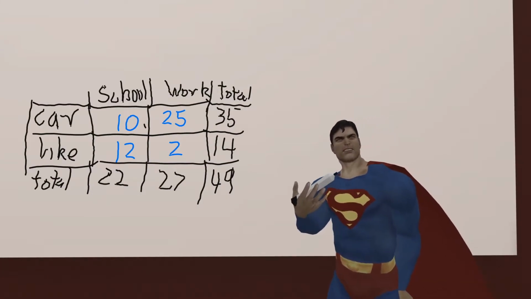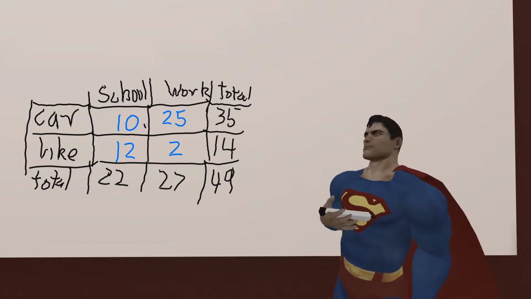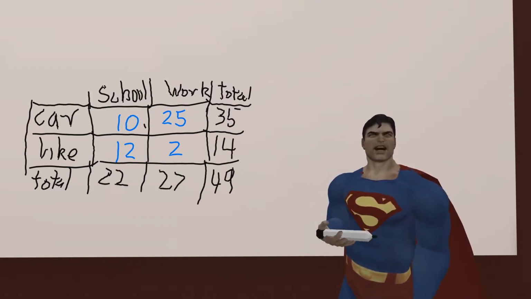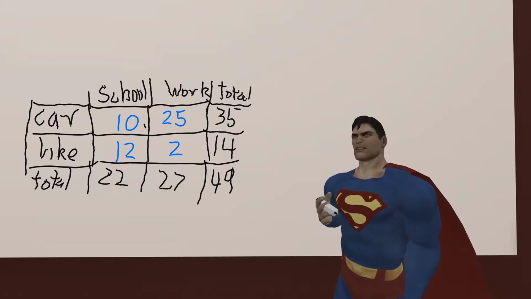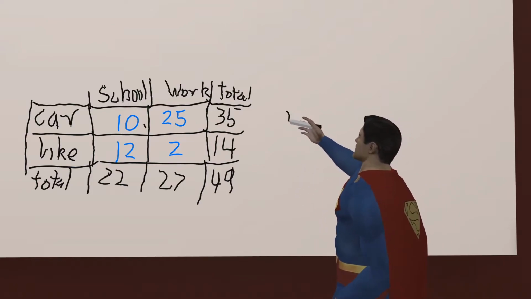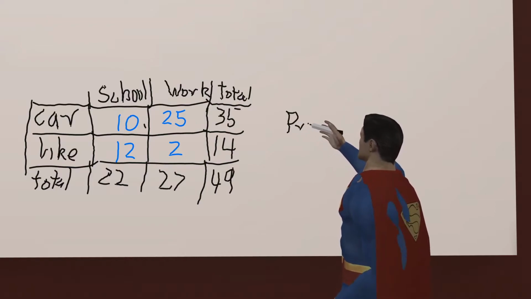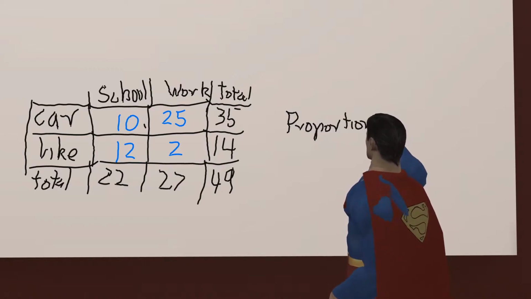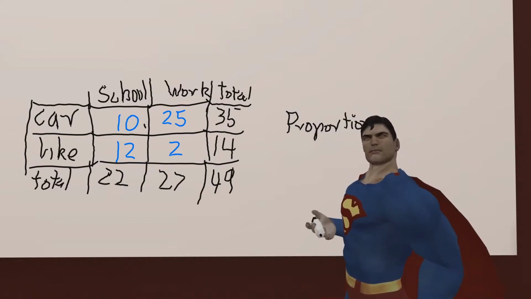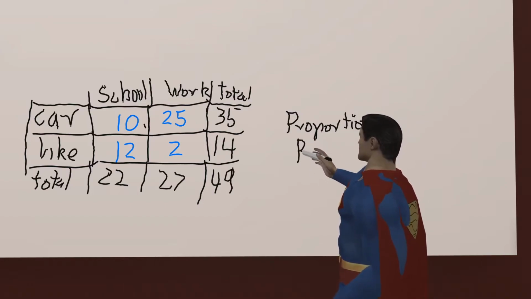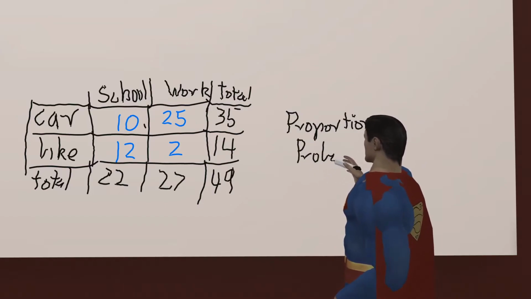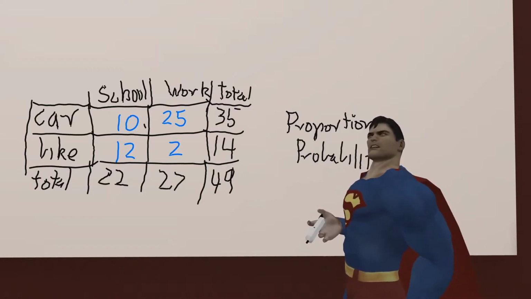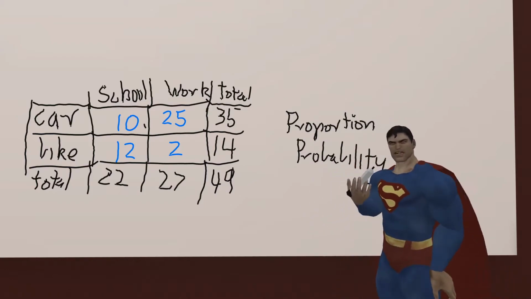There's a couple of different styles of answers we need for answering questions regarding a two-way table. One might be, what proportion of people? So if you see the word proportion, or the word probability, you know that you're going to have to write the answer as a fraction.